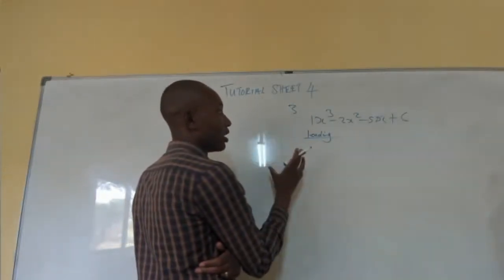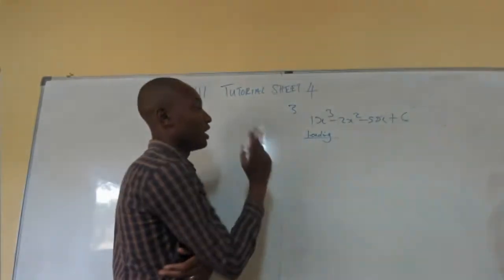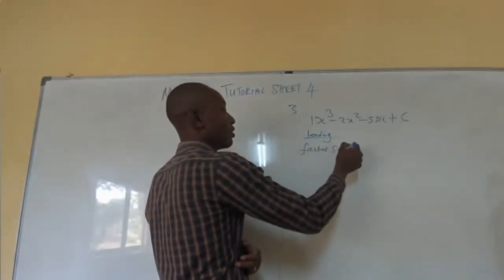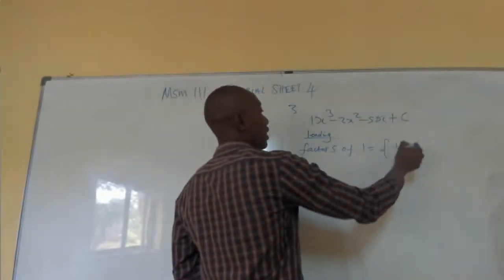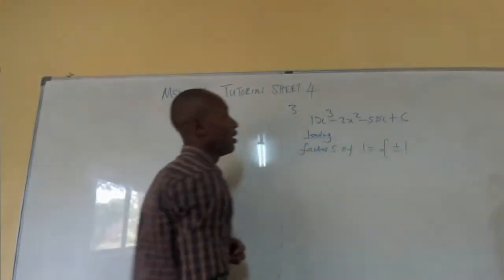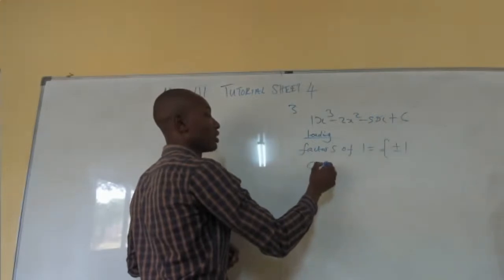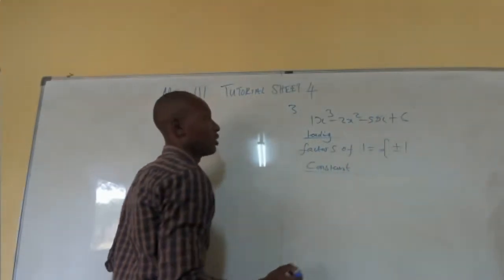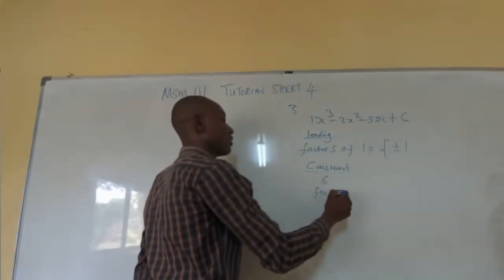What are the coefficients or the factors of the leading? So we have 1. So factors of 1 are plus or minus 1. Okay, so what of the constant C? The constant here is 6. So we're saying the factors of 6.